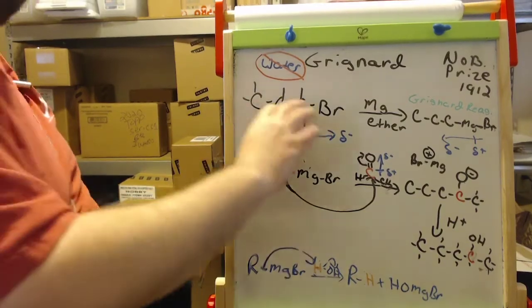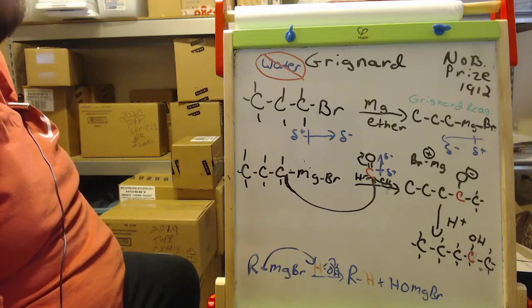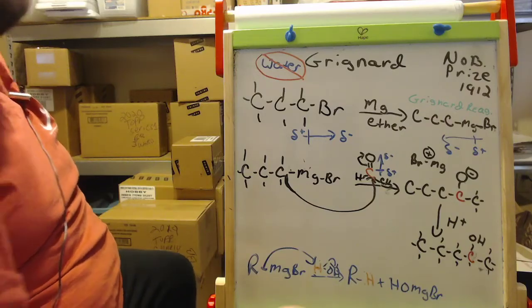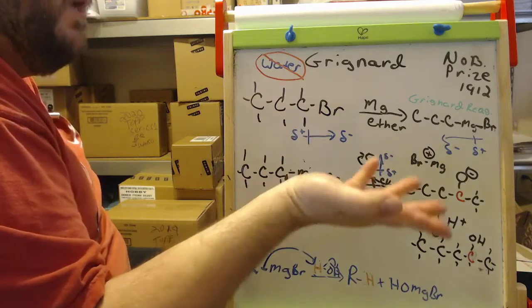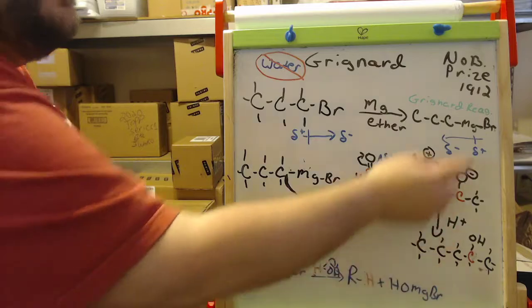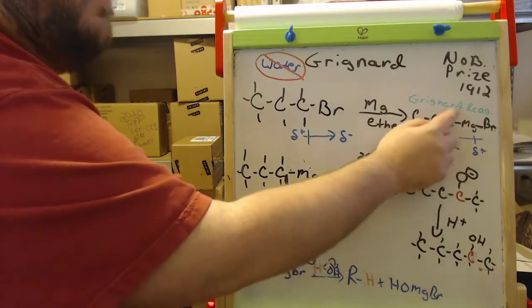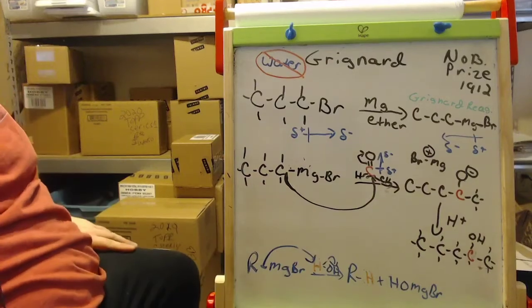Now we call this product a Grignard reagent. And what we've really done is turned carbon, which is usually partially positive and likes to form that carbocation, into a nucleophile by giving it that partial negative charge with that magnesium.